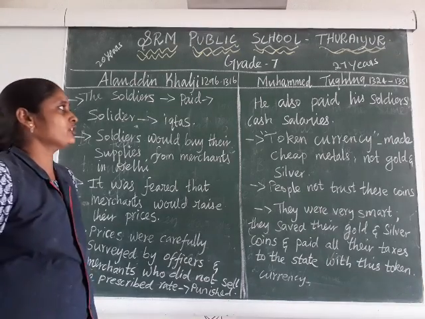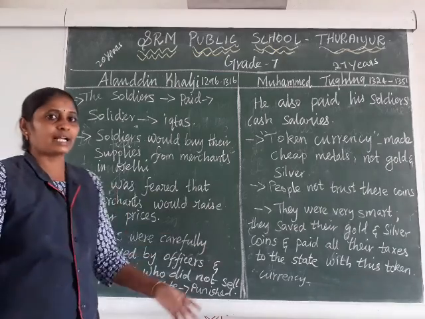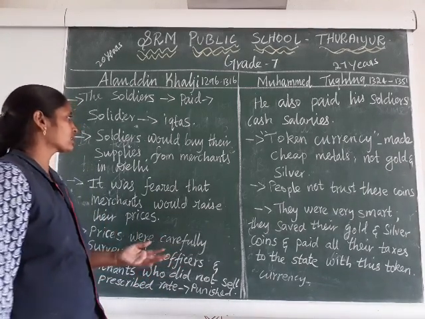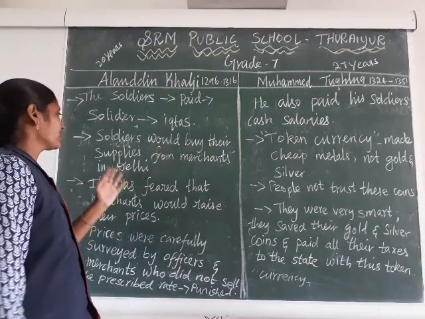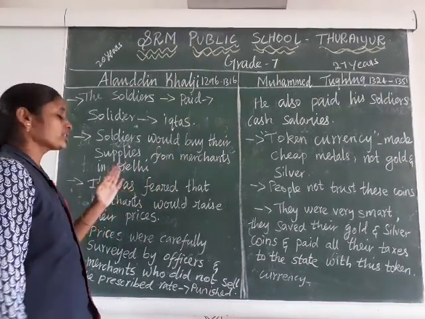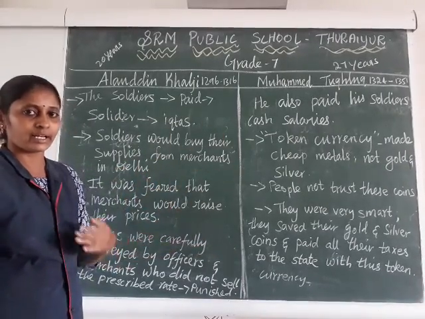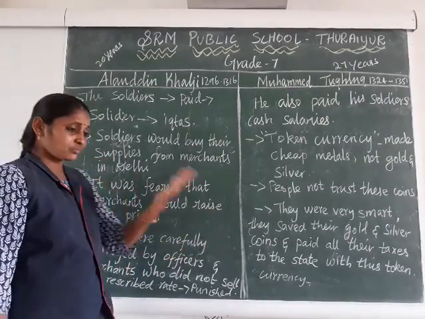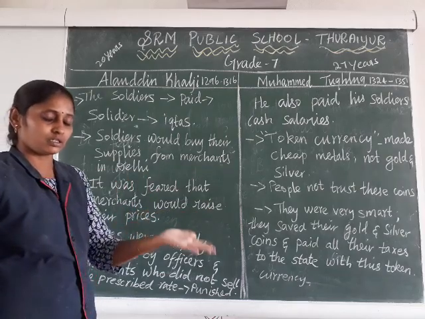Alauddin Khilji paid his soldiers a salary in the form of iktas. We already discussed iktas. Soldiers would buy their supplies from the merchants in Delhi. So the soldiers had to collect their income from the merchants.